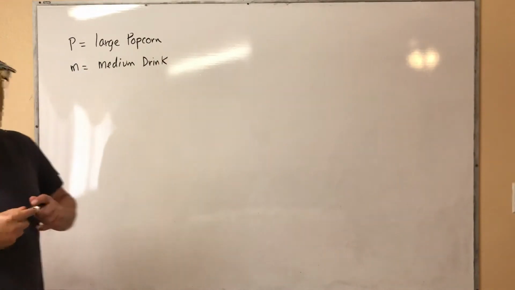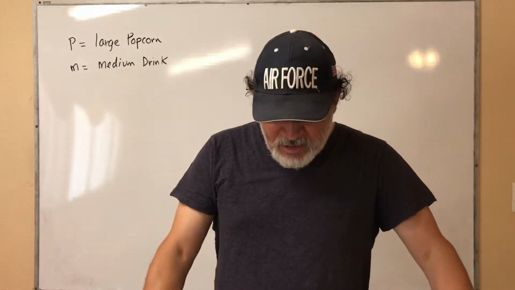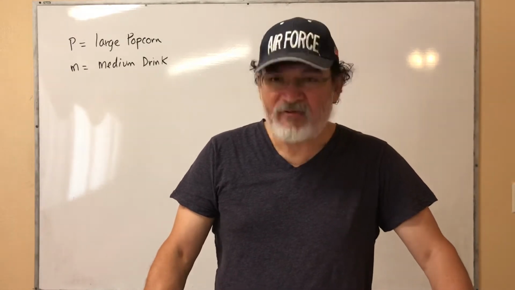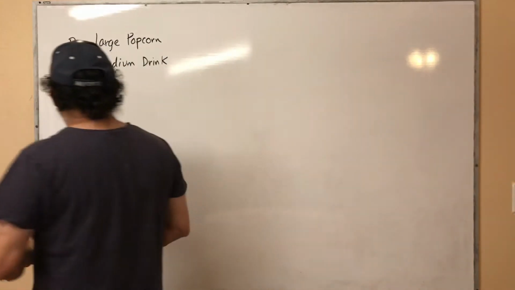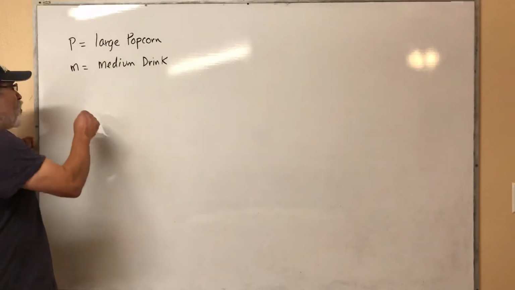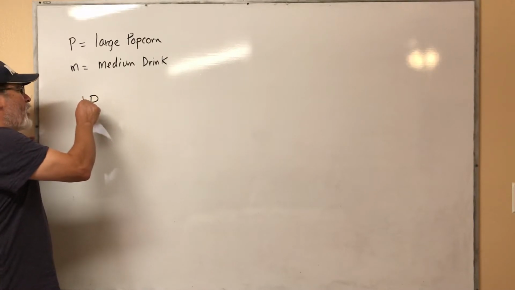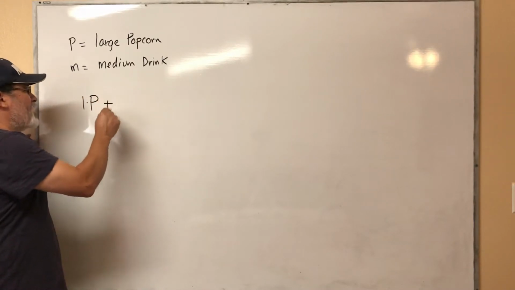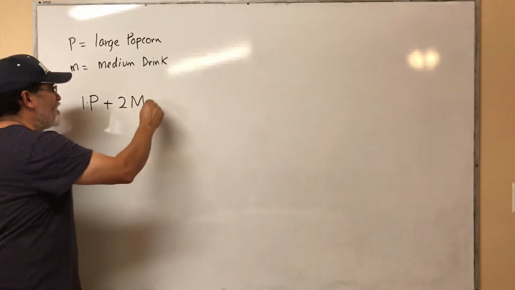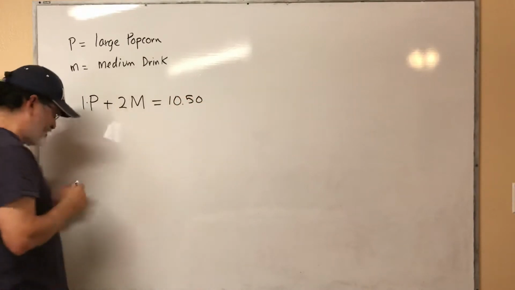And it says 1 large popcorn and 2 medium drinks is $10.50. Okay, no problem. So therefore, 1 popcorn plus 2 medium drinks equals $10.50. There you go.